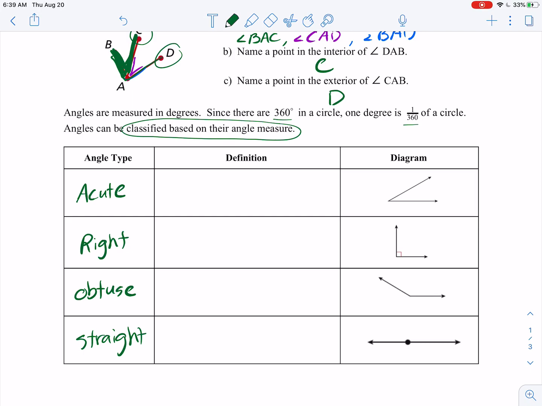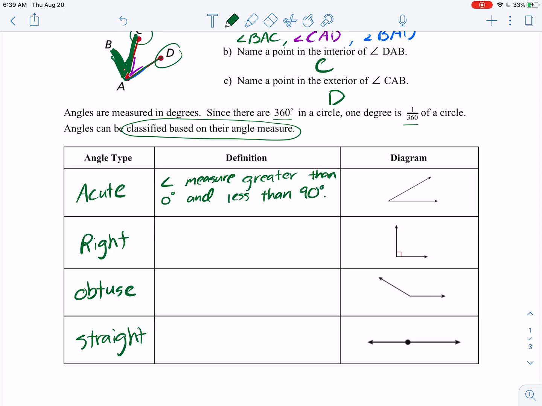So let's put that definition on each of these. An acute angle is an angle, I'm just going to abbreviate with our symbol, an angle measure greater than 0 and less than 90.